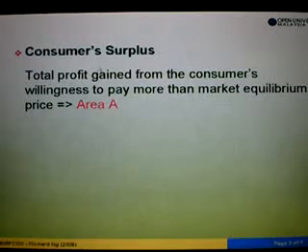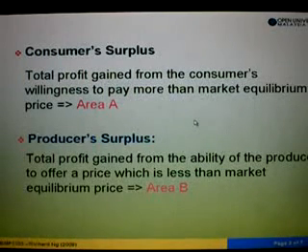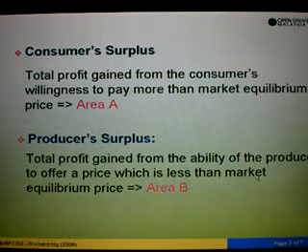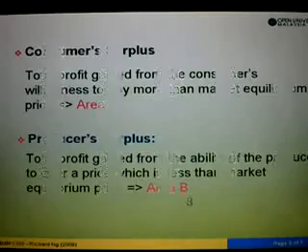Consumer surplus is defined as the total profit gain from the consumer's willingness to pay more than the market equilibrium price, which is represented by area A. Whereas the producer surplus is the total profit gain from the ability of the producer to offer a price which is less than the market equilibrium price, and is represented by area B.